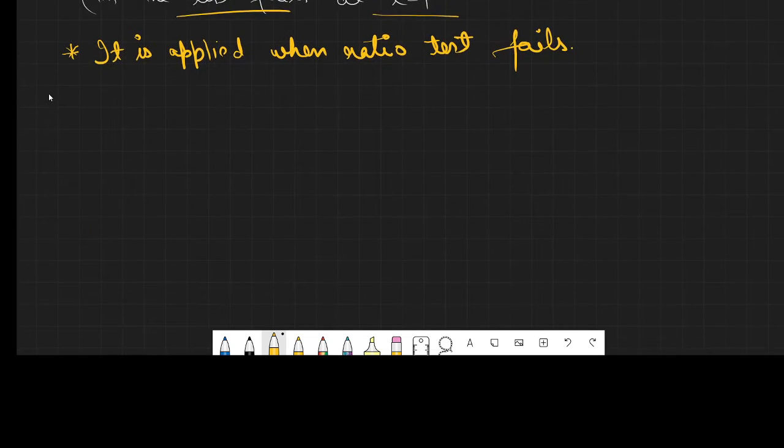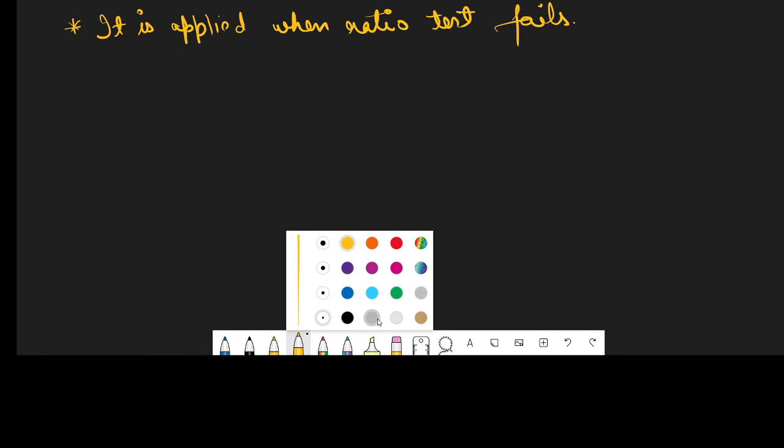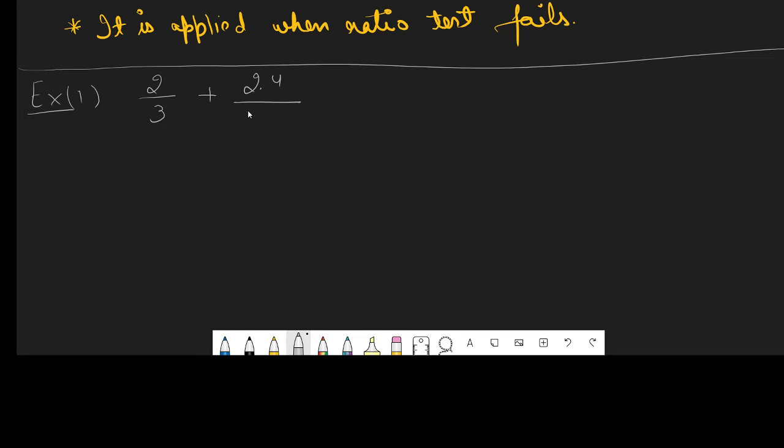Okay, so the example is: 2 by 3 plus 2 into 4 divided by 3 into 5 plus 2 into 4 into 6 divided by 3 into 5 into 7 plus 2 into 4 into 6 into 8 divided by 3 into 5 into 7 into 9, and so on.